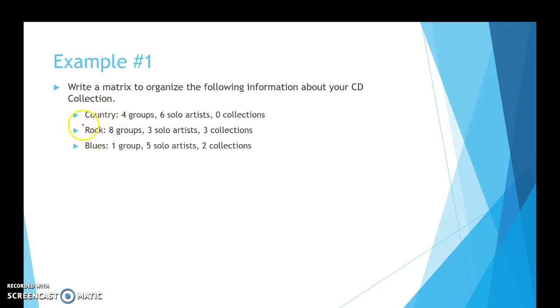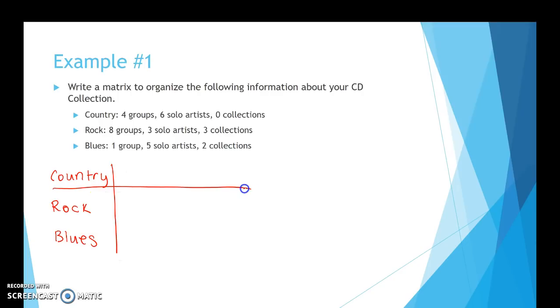So one way we could write it is with our rows being country, rock, and blues. And then, notice how it's set up based on groups, solo artists, and collections. So what we could have here is group up at the top, whoops, sorry, my pen always gives that line right there.